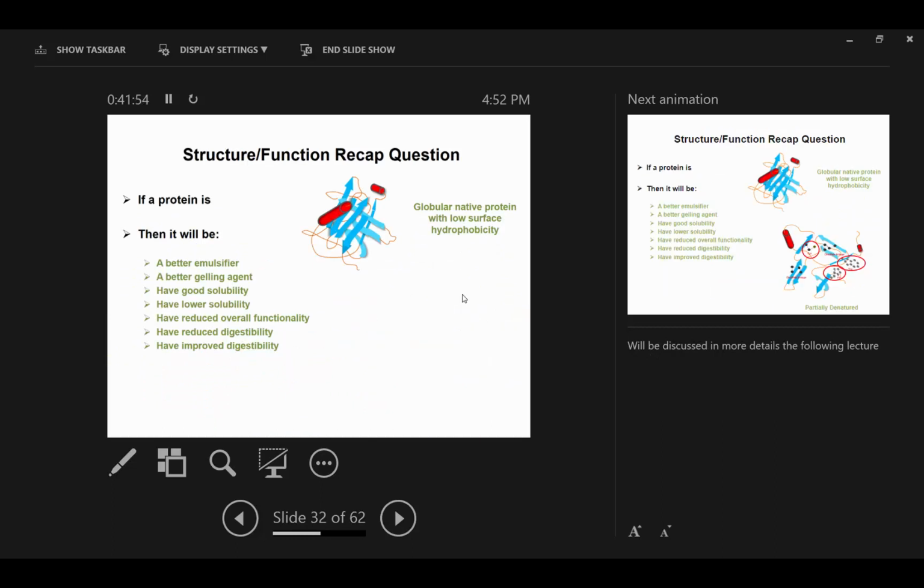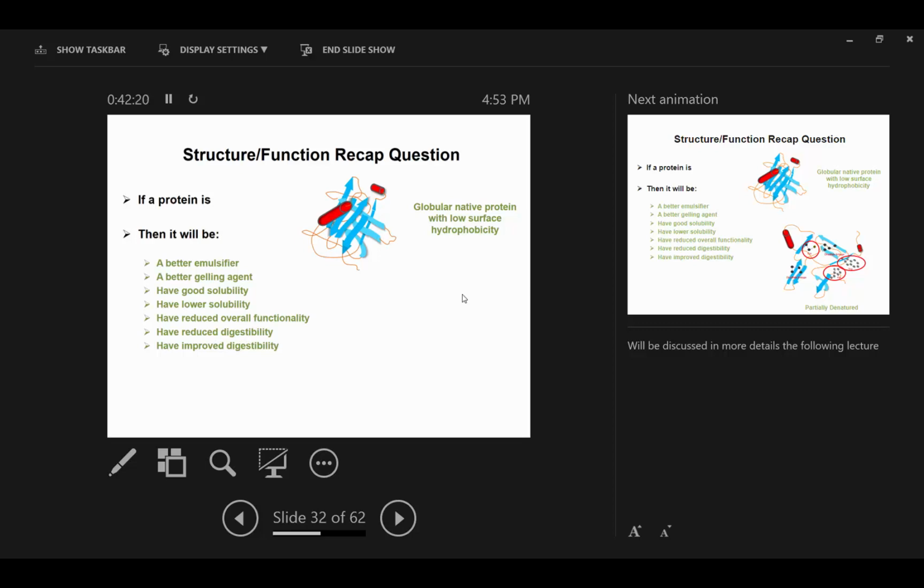So let's relate structure to function a little bit. If you have a protein that is globular and native and has low surface hydrophobicity, in this example the beta-lactoglobulin model, then it will be what of these?